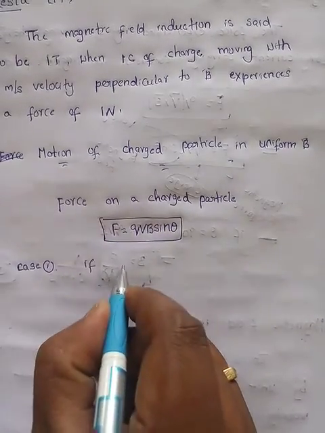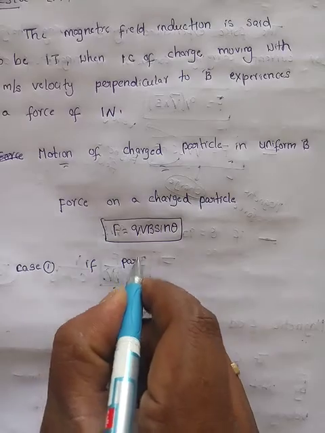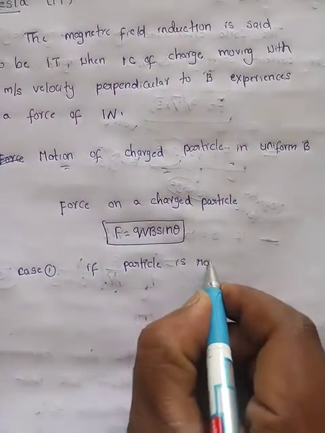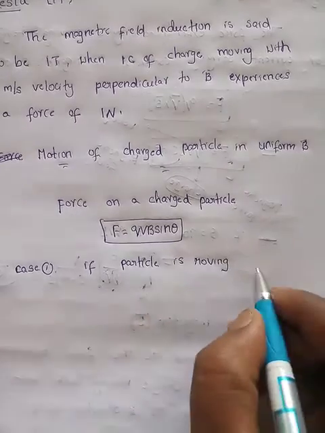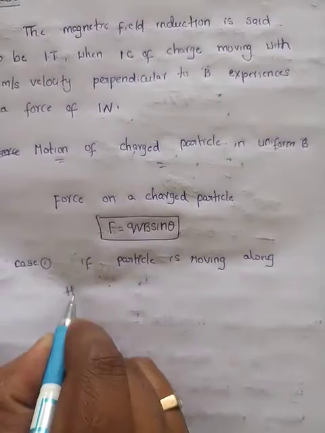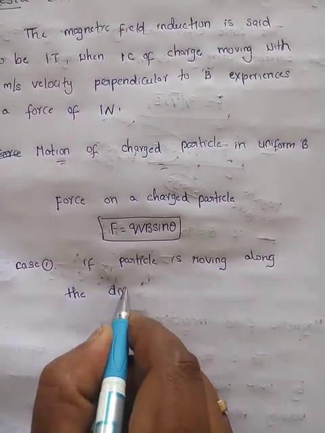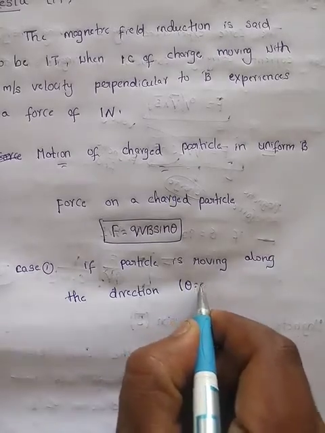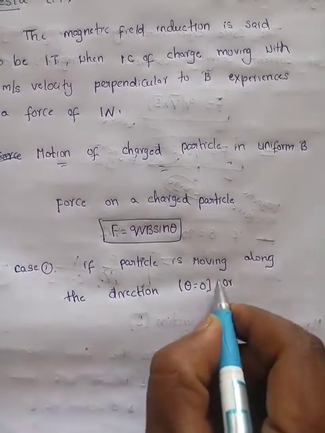First case, if the particle is moving along the direction of the magnetic field, theta is equal to 0 or 180.